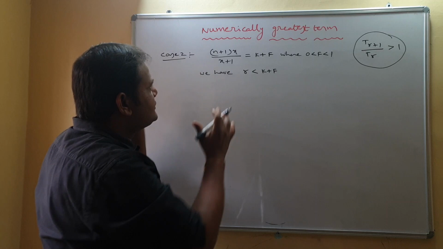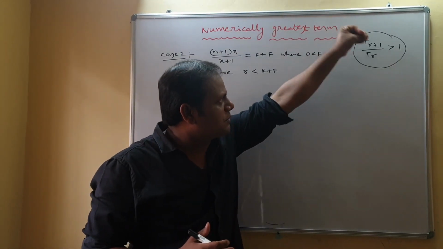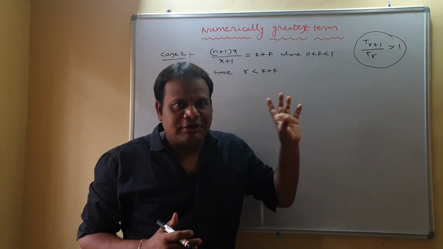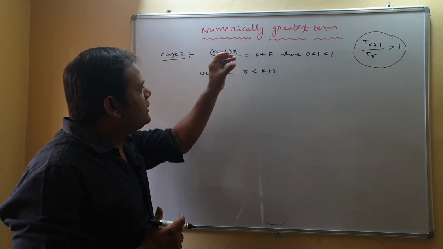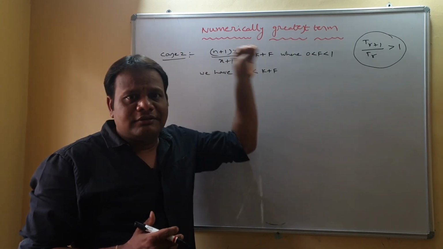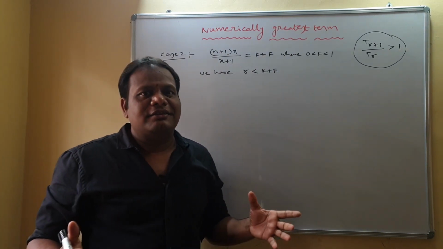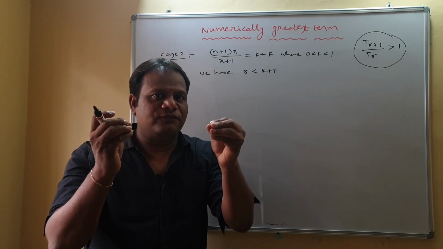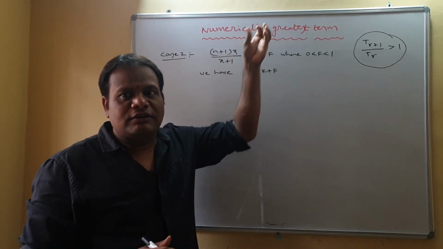Coming to case 2. Earlier we had taken tr plus 1 by tr greater than 1 and we simplified that, and finally we were left with r less than n plus 1 into x by x plus 1. Is it? So there I explained the first case, by taking n plus 1 into x by x plus 1 an integer.